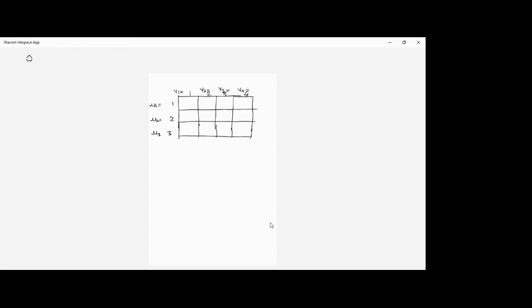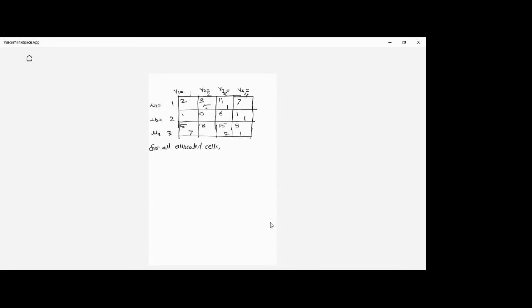The costs are 2, 3, 11, 7; 1, 0, 6, 1; 5, 8, 15, 9. And the new allocations are 7, 2, 1 here, 1 here, and 5 and 1 here, right? So we already have all the allocated cells.